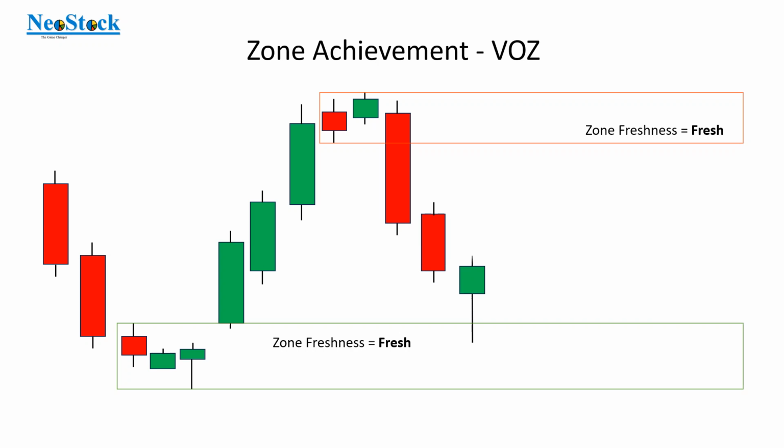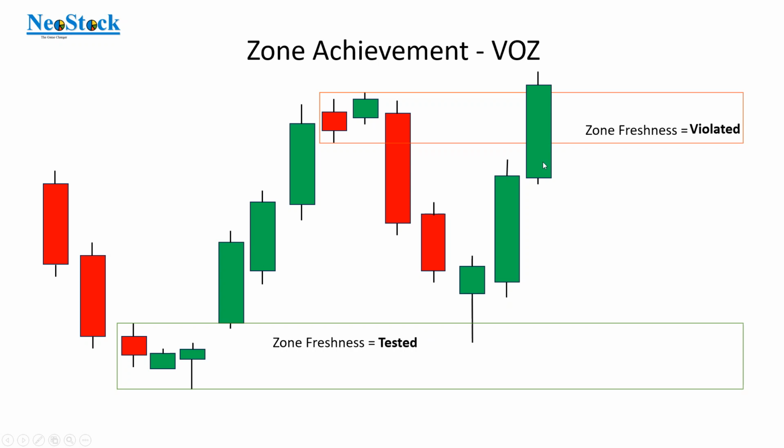Now prices entered into this demand zone, so obviously the freshness will be changed to tested. Now what happened? This candle completely violated this supply zone. That's why the supply zone freshness is changed to violated. In this example, it is violated, or even it can be pierced, in both examples.